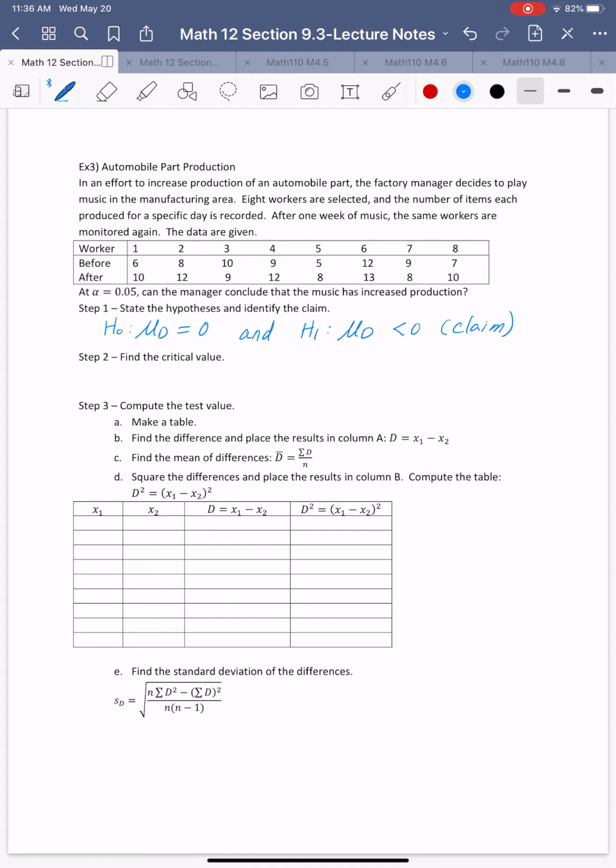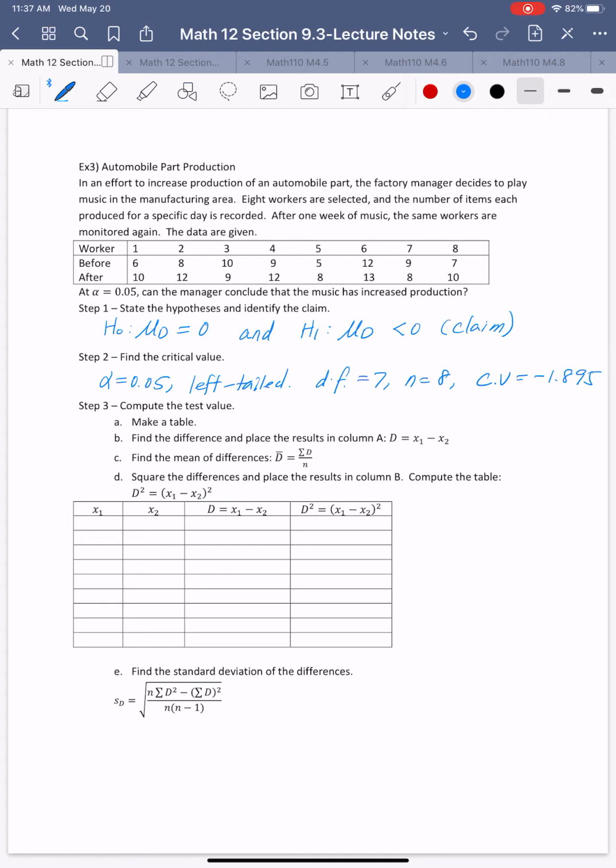Then find the critical value, where alpha is 0.05. It's a left tail, and degrees of freedom is 7, since n is 8. The critical value comes out as negative 1.895.